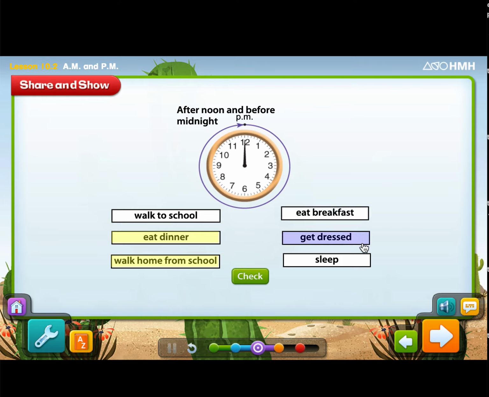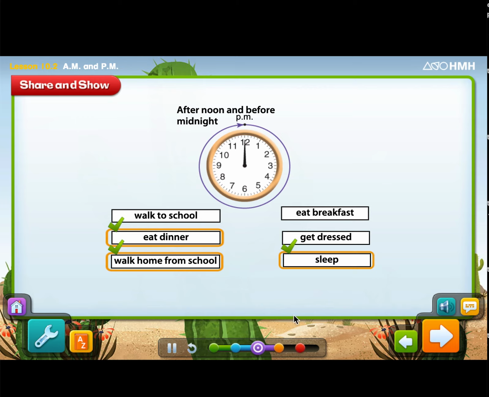We wouldn't get dressed. Maybe we put our pajamas on, so get dressed for bed. I'm going to leave that blank because I'm not sure. And sleep. Well, I know I try to get to sleep before 9 o'clock on a school night, so I think I do that too, right? If I'm thinking about the PM clock?